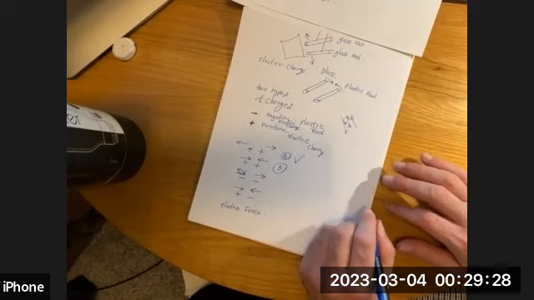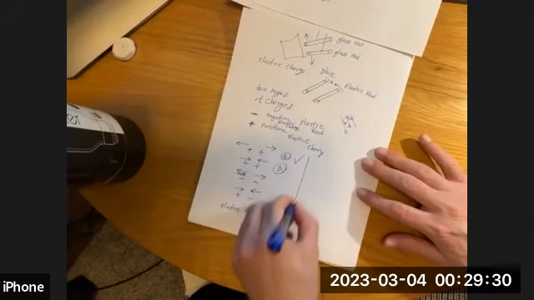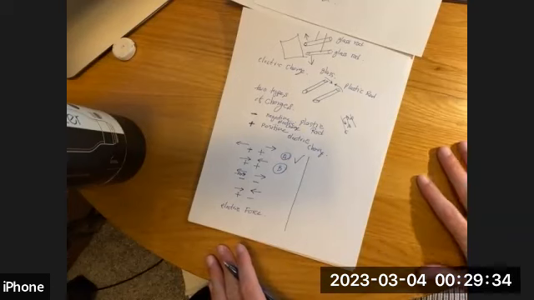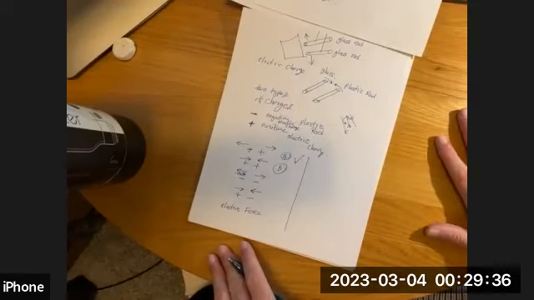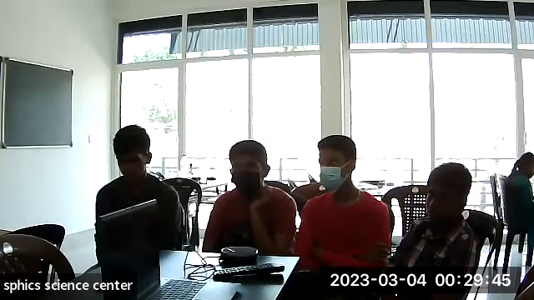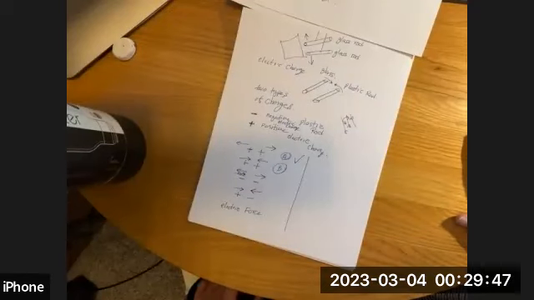Now, this is one of the fundamental forces we have in nature. Can anybody think of another fundamental force in nature we have? Nuclear force. Didn't hear you. Can you repeat again? Gravitational force. Yes. Magnetic force. Yeah. Nuclear. Yes. Actually, yeah, we had magnetic force.